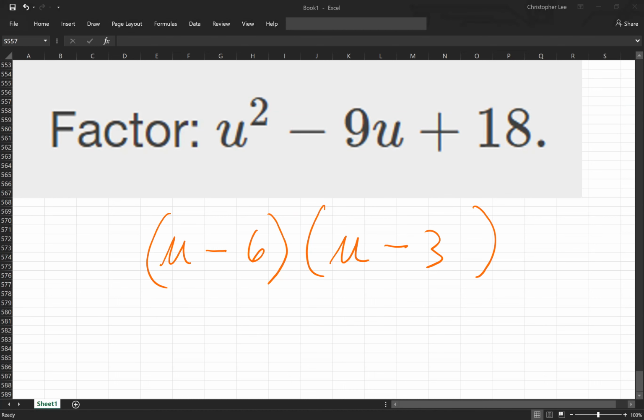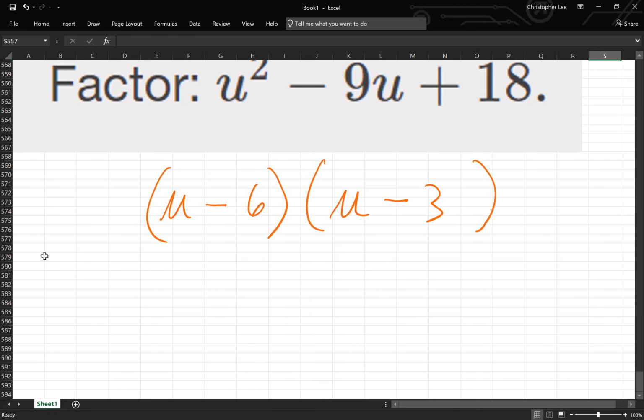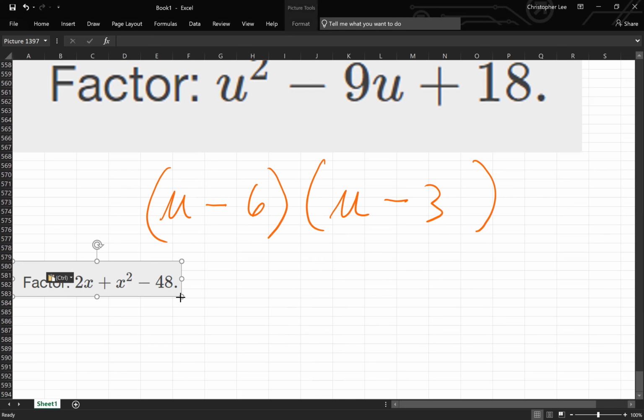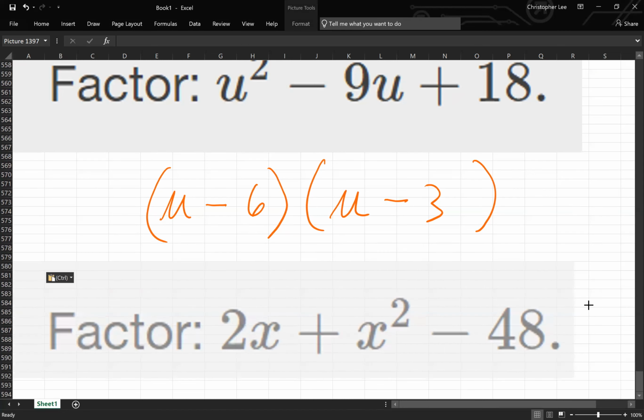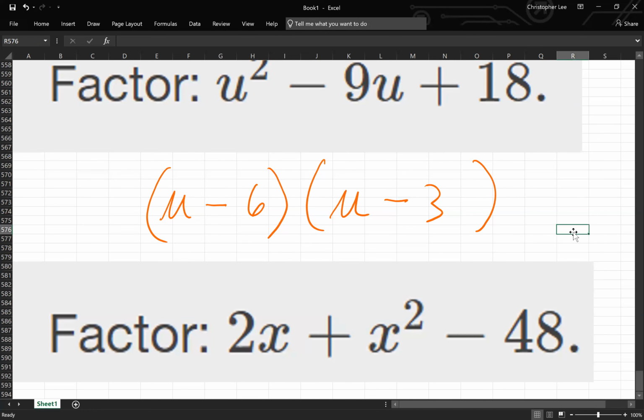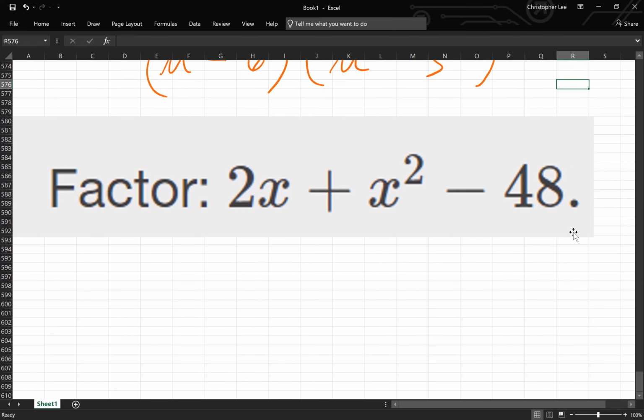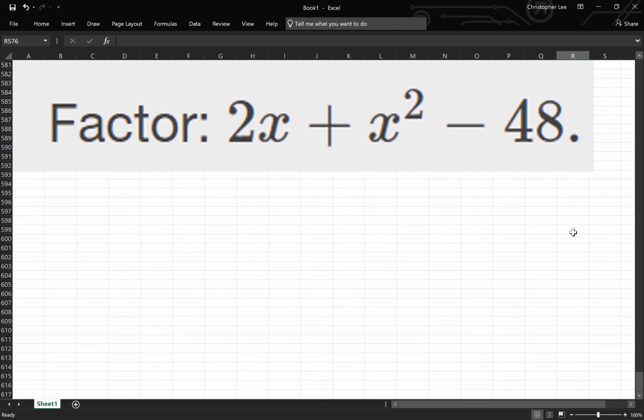But let's look at something real quick. We're going to have to use a little strategy on this one. It's a little bit harder. So I need to factor 2x plus x squared minus 48. First things first, don't get scared. Let's rewrite this real quick.